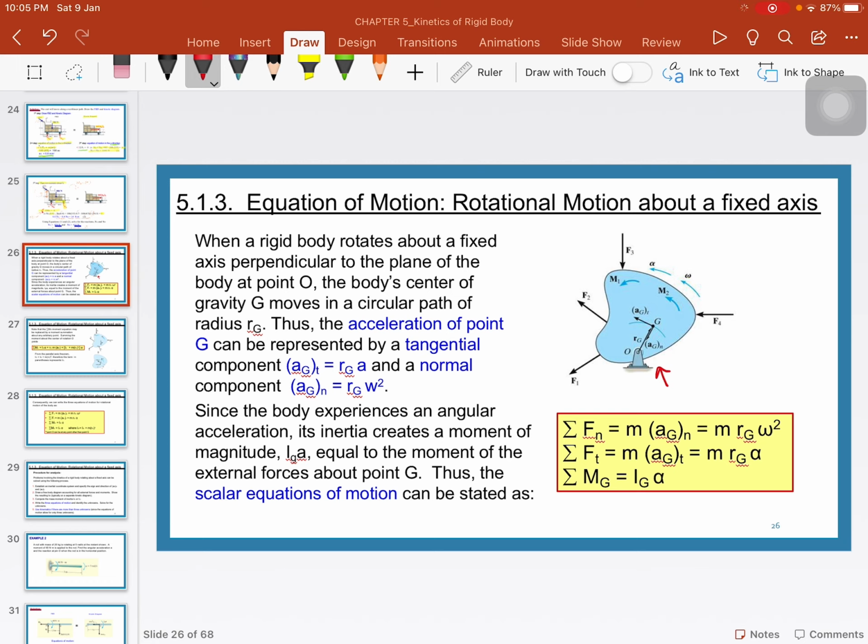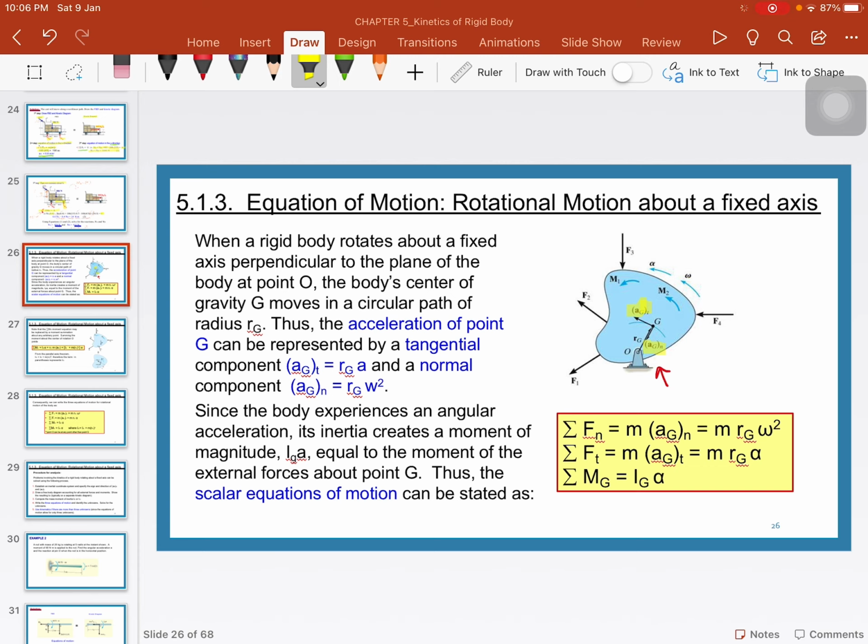Thus, the acceleration of point G can be represented by a tangential component, AGT, and a normal component, AGN.